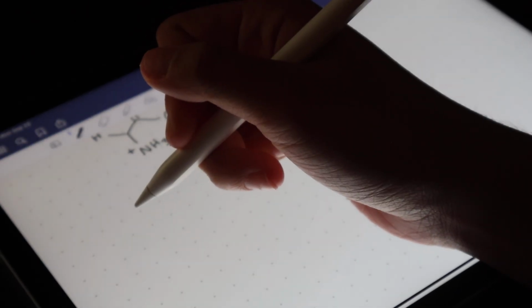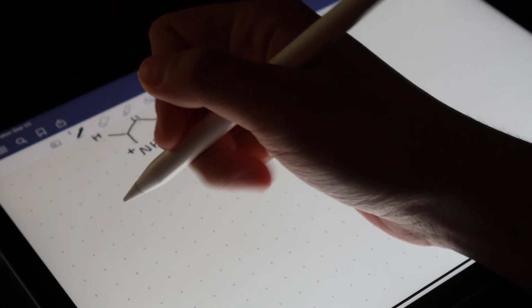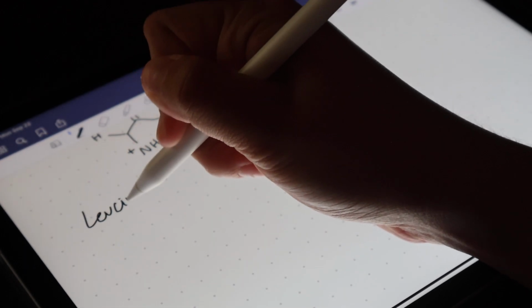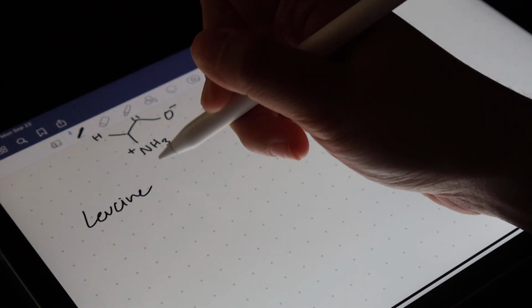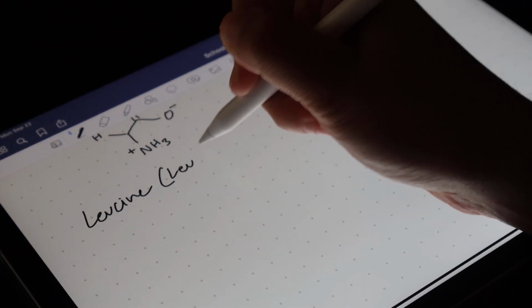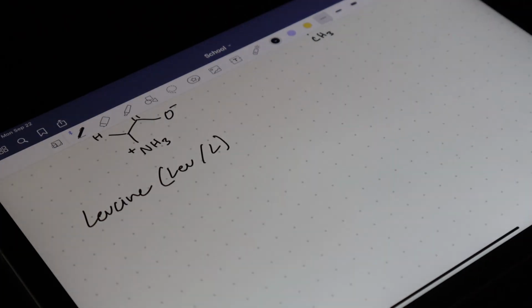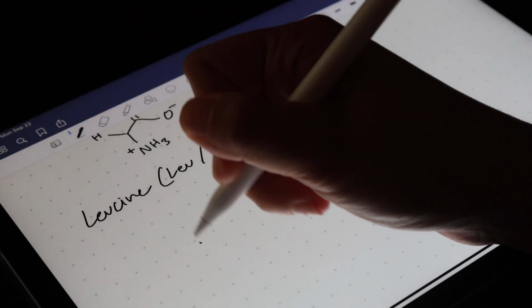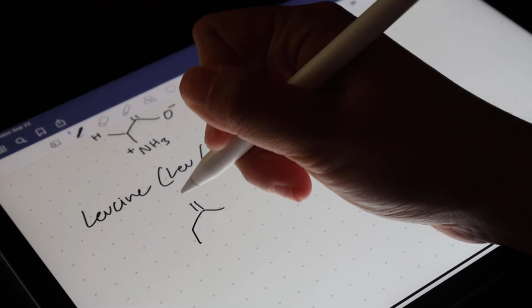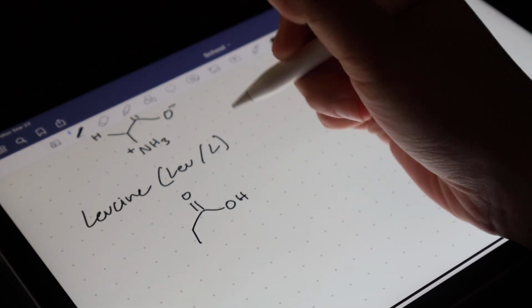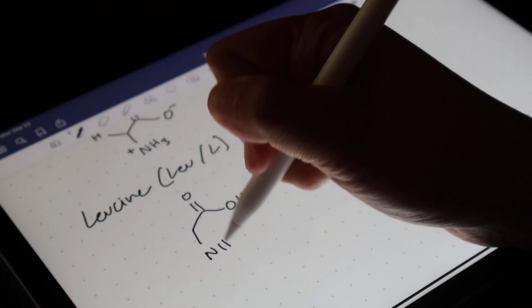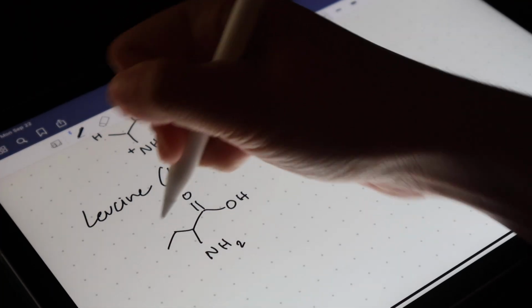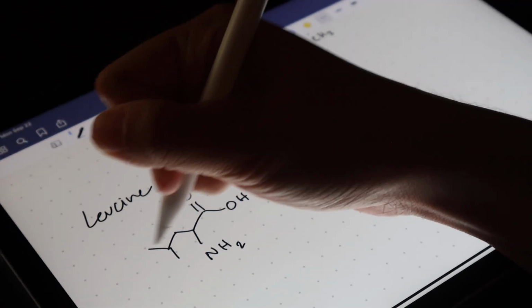Next, we have leucine, which is LEU or L. And this one is just similar to valine, but it's 1 carbon longer.